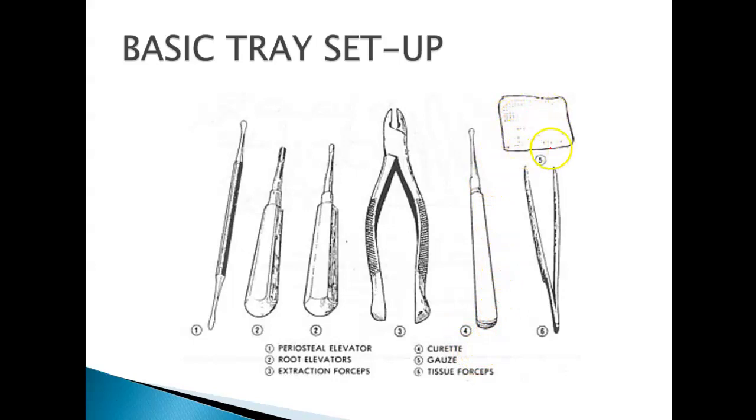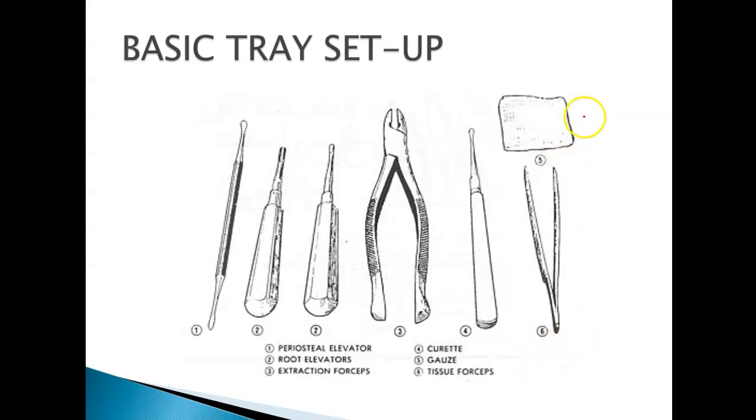Definitely gauze is very important because we're going to insert gauze into the patient's mouth. They're going to go home with the gauze in their mouth, and it's important for us to have several out, not only for that, but to wipe off our instruments if need be, to grab the tooth if need be, but gauze is going to be very important.